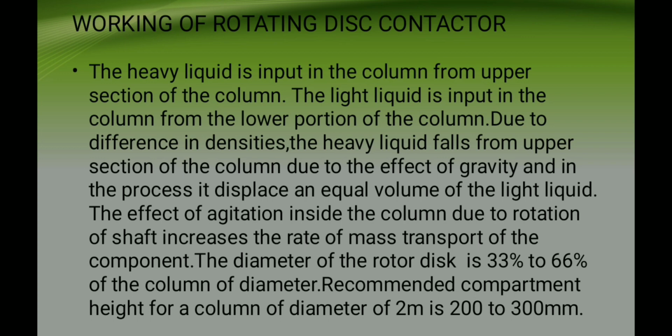I mean, it will cover 33% to 66% of the column, which will improve the mass transfer of the liquid component as well. And the recommended column height for the process is 2 meters, with a diameter of 200 to 300 millimeters.